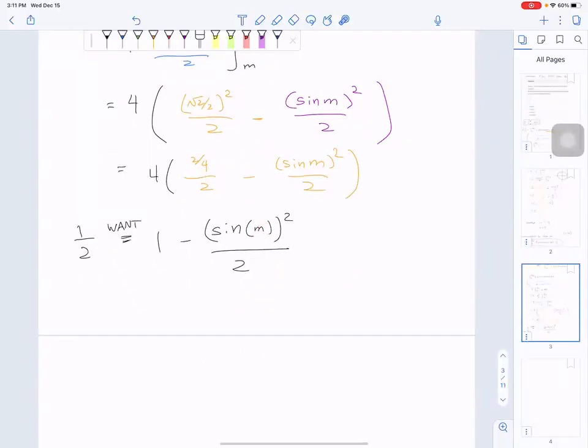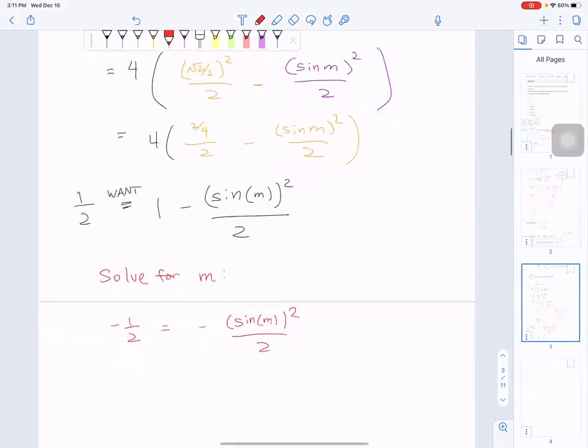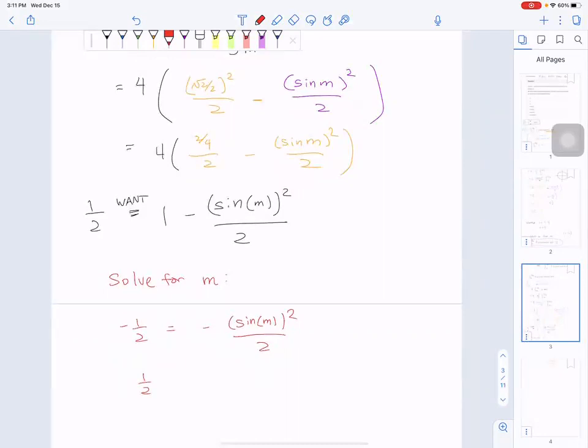So how do we solve for m? You can subtract 1 on both sides to get negative 1/2 equals negative sine m squared over 2. Divide both sides by negative, sorry, to get 1/2 equals sine m squared over 2.